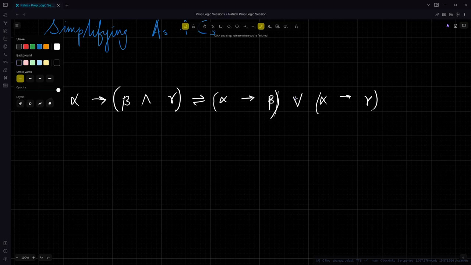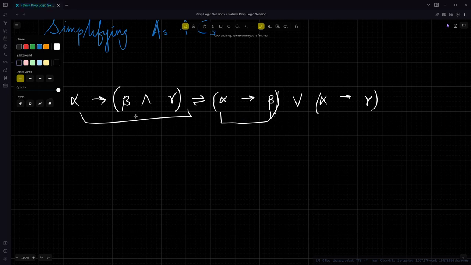In this case it'll be equivalent, right? So this is equivalent to this, which means this will have the same truth table as this.